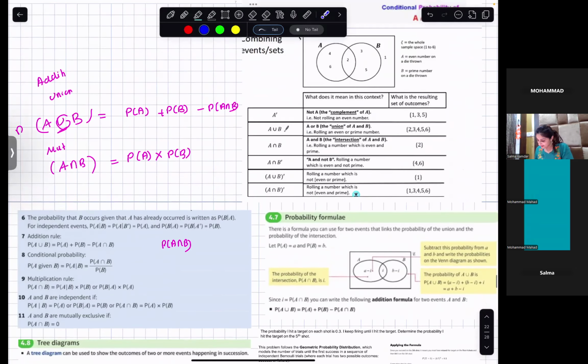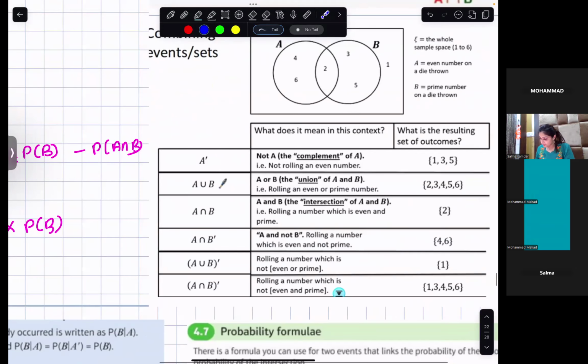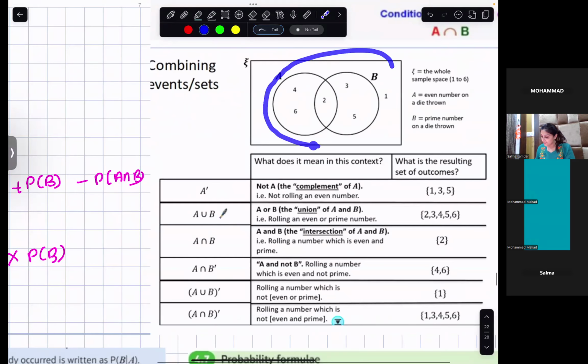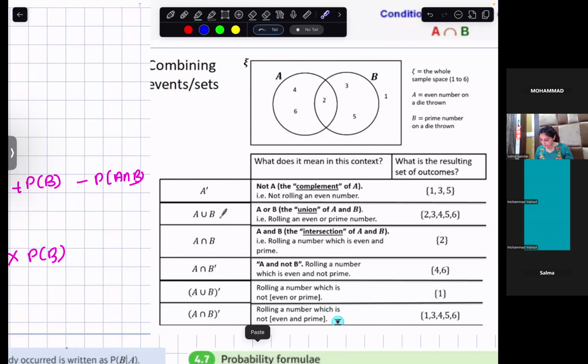Now we had the probability formula. Before I go to the probability formula, there is a diagram over here. Tell me what all is there in A not: 1, 3, 5. A union B: 2, 3, 4, 5, 6. A intersection B: 2.